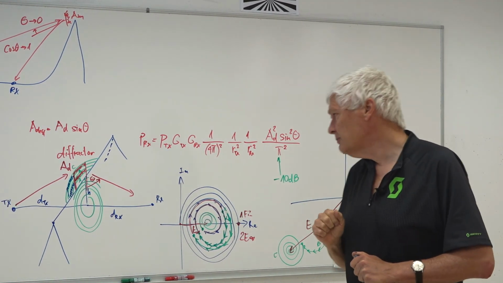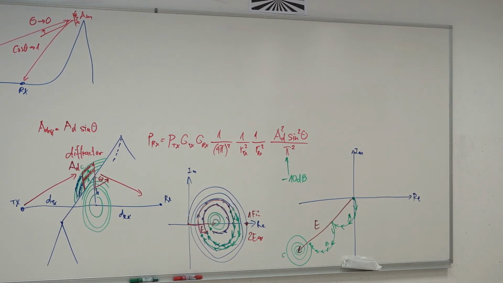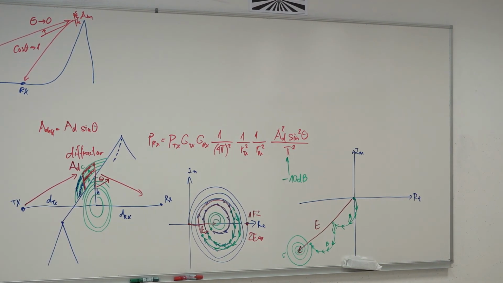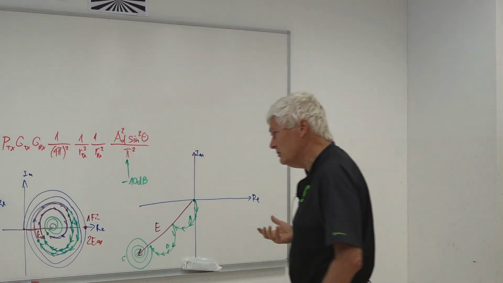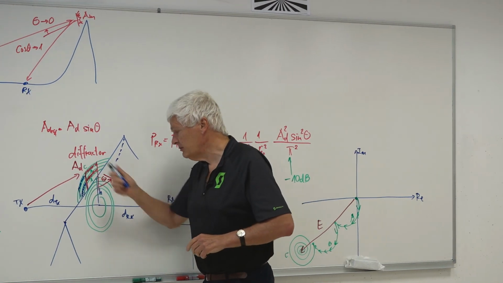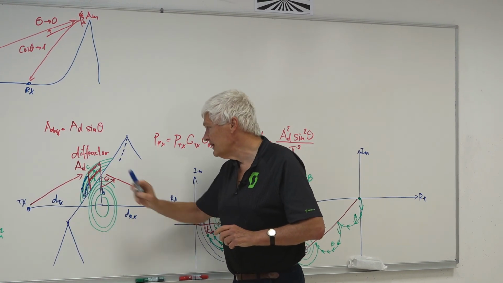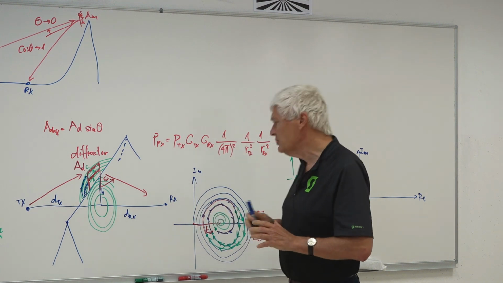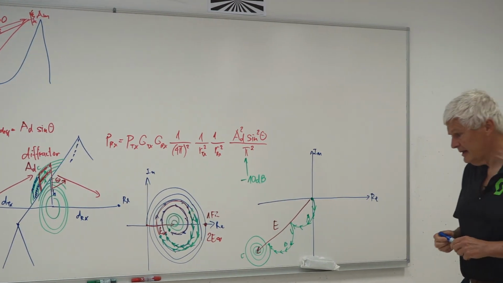And this is an important point of the diffractor. Unfortunately, diffractors have almost never been used, at least in our country, where they could be installed. They have been used very seldom. I have never seen a diffractor on a mountaintop. But the construction tolerances of a diffractor are much less stringent than that of a mirror.